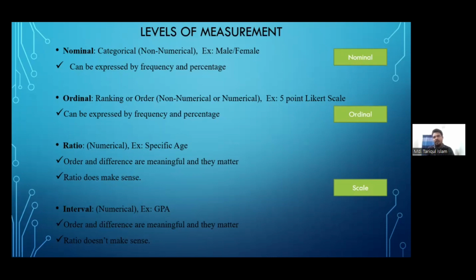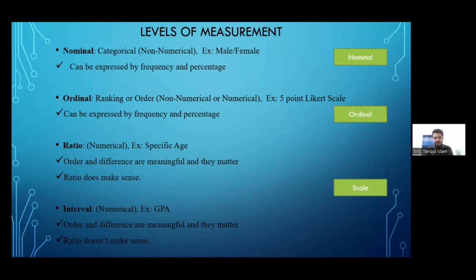There is some bias because some people consider it interval, but most researchers have stated that the 5-point Likert scale should be ordinal.